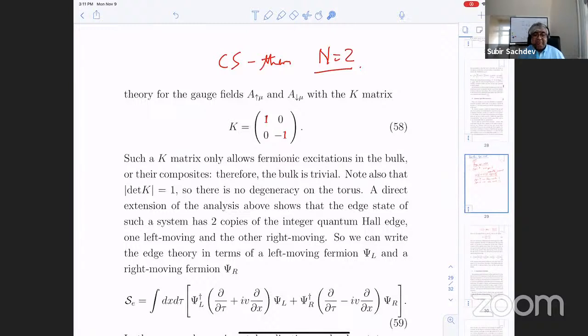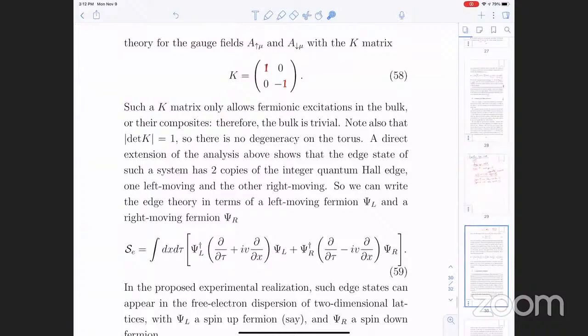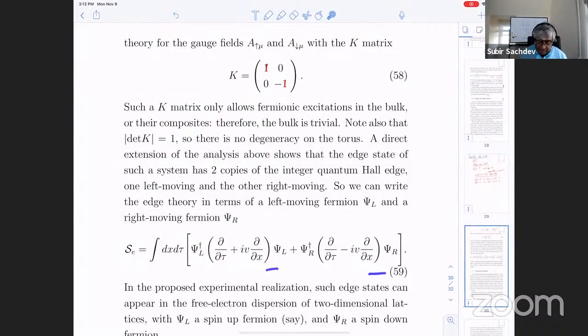You can also check now, if you just turn the crank and apply everything we have learned about Chern-Simons gauge theory, that this theory is trivial in the bulk. It doesn't have anything interesting going on in the bulk. There are no anyons in the bulk. The determinant is 1, modulus of it. So there's no ground state degeneracy on a torus, so no surprises there. And also from our Chern-Simons theory, we know it has edge states. One of them is left moving and the other one is right moving.